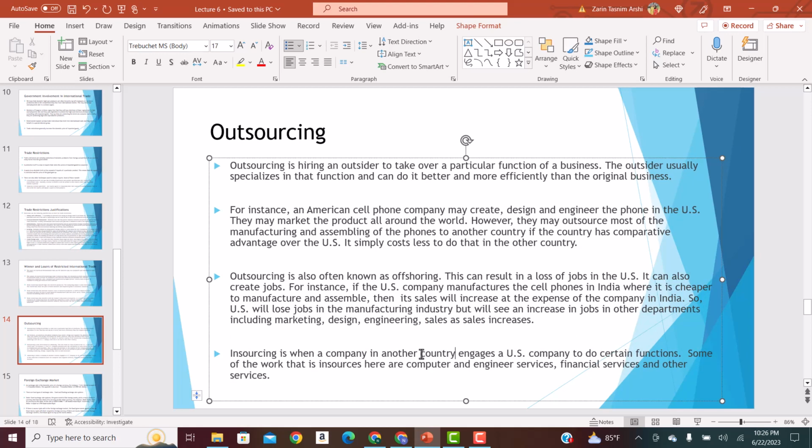So let's say India manufactures cell phones, but now they are hiring a US company to perform the marketing for them. So it's the other way around, the opposite of outsourcing, and it creates jobs for the US economy because now India is employing the marketing department, so jobs are created for the US economy. Some of the work that is insourced here is computer and engineering services, financial services, and some other services in the US.